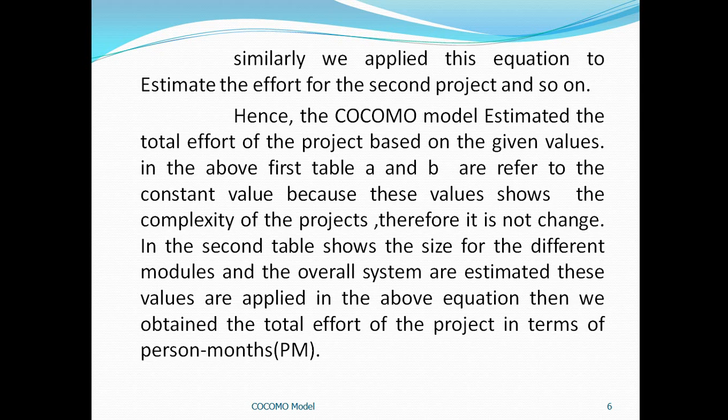Based on the type and complexity of the project, these values do not change. The second table shows the size for the different modules, and it accumulates to give the overall system, or the estimated size of the project.